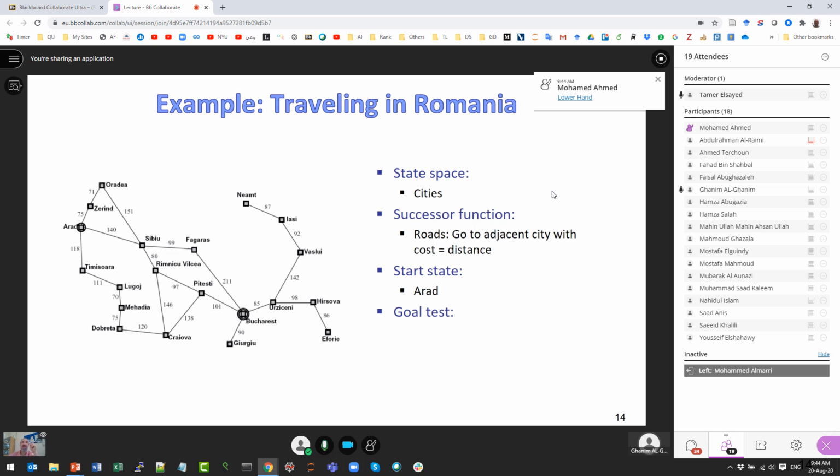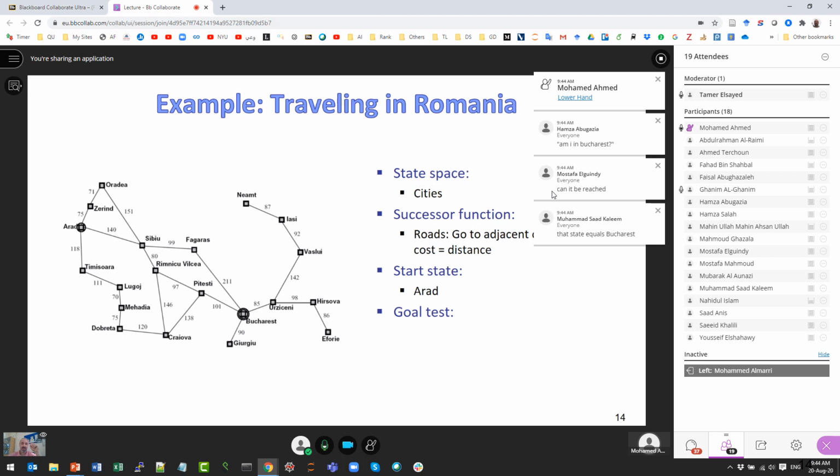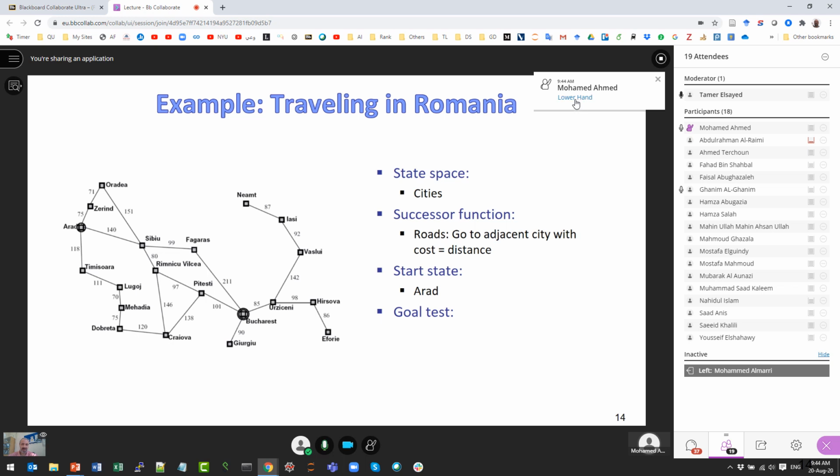That's not the goal. The goal test is simpler than that. Okay, what is the goal test? Where is the test here?